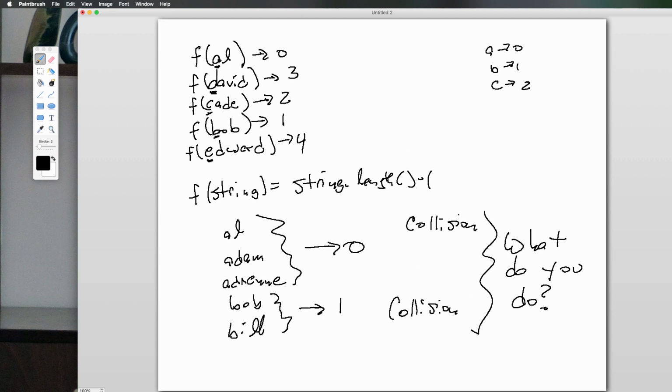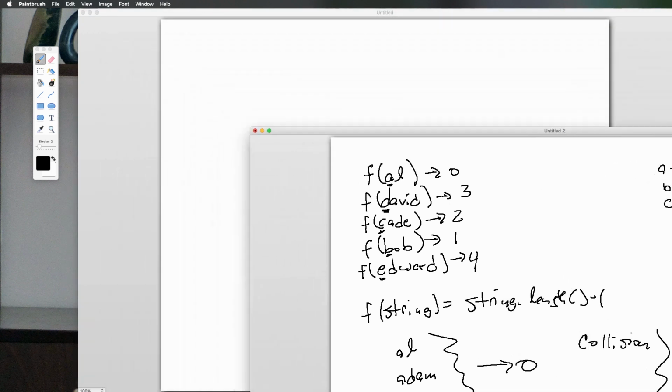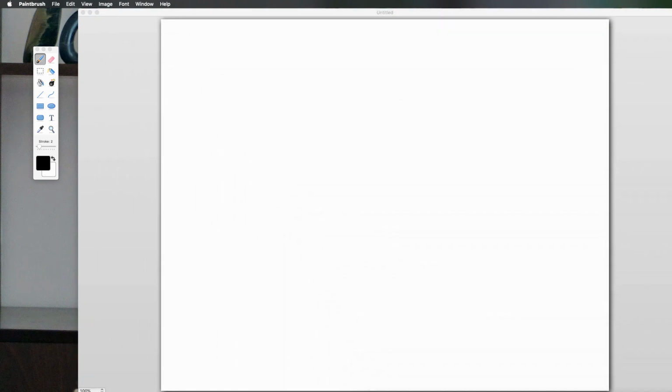So let's consider a couple of things here. We want to implement hashing. And we have a bunch of keys.